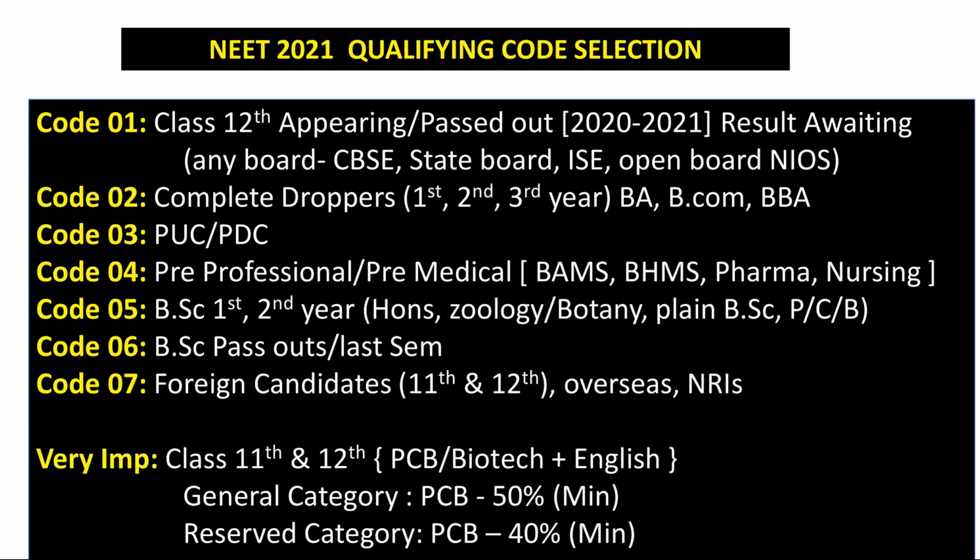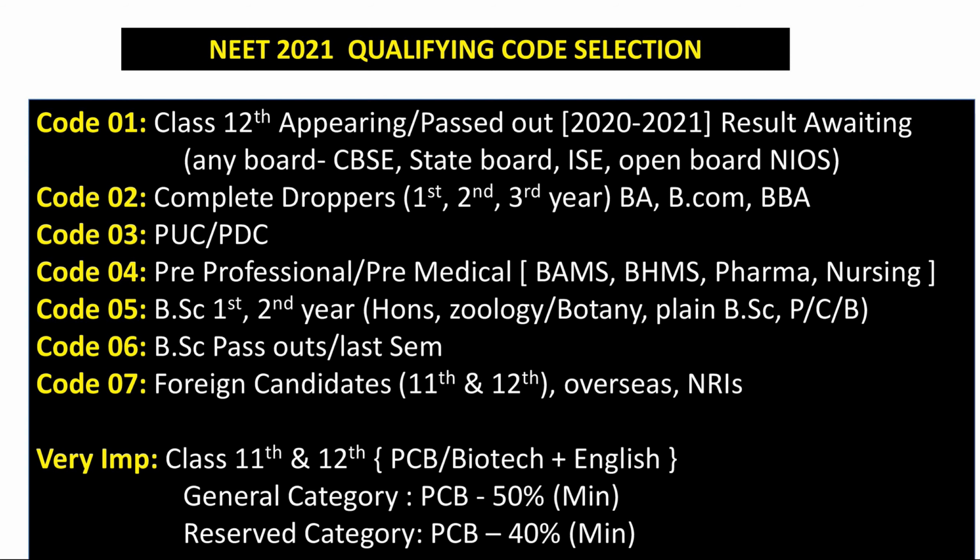The reason is that in foreign countries it is mandatory that if you are going for MBBS, you have to do your pre-professional course, get certified, and then move ahead for MBBS. So if any student is doing BMS, BHMS, pharma or nursing, you have to opt for code 04. Please have this clarity in mind.